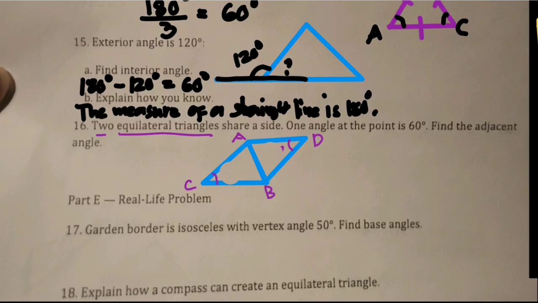One angle at the point is 60. Oh no, it's another angle. So let's say at point A, maybe this one is 60. And then at point D, we'll see this one is 60.